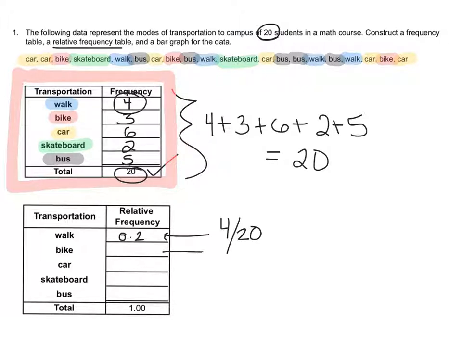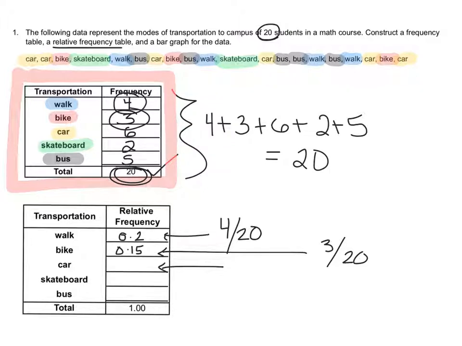Now I'll do the same with bike. So I take the frequency, which was 3, and then I divide by the total, which is 20. And 3 divided by 20 is 0.15. Next, we'll look at car.